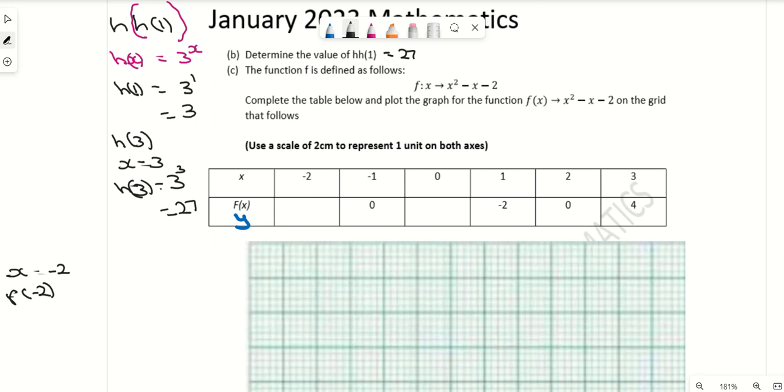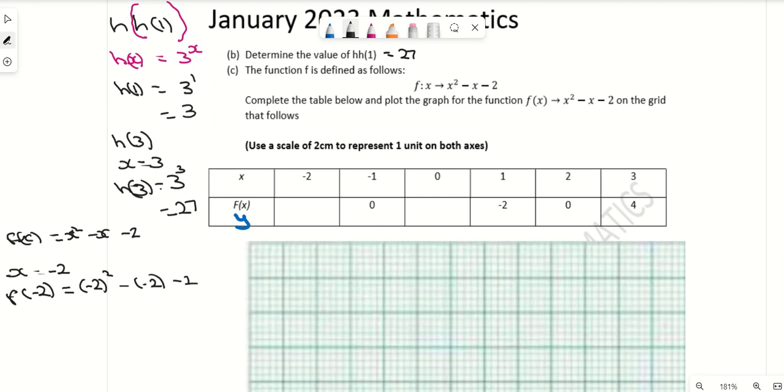That just means x is equal to -2. We're going to put it in this function right here, wherever we see x. Remember, f of x is equal to x squared minus x minus 2. So wherever we see x, we're going to put -2. So it's going to be -2 squared minus -2 minus 2.